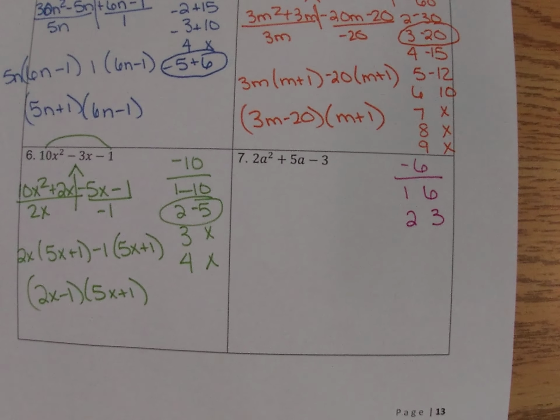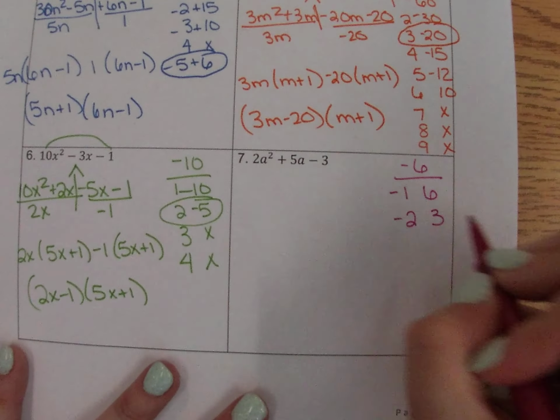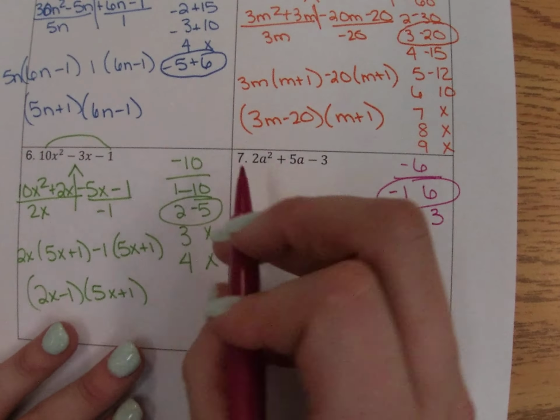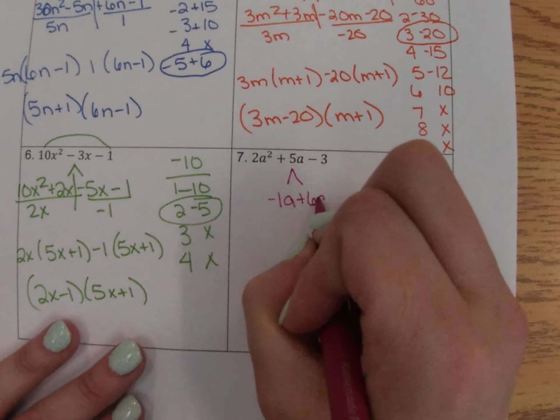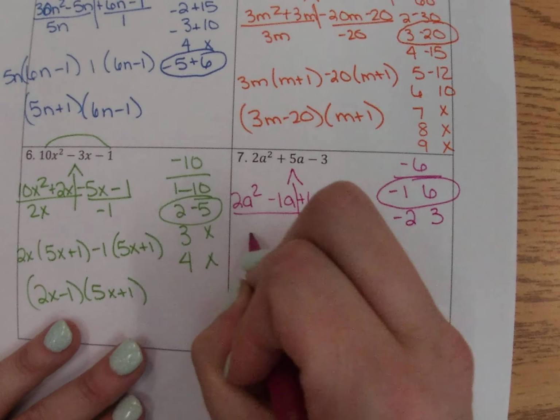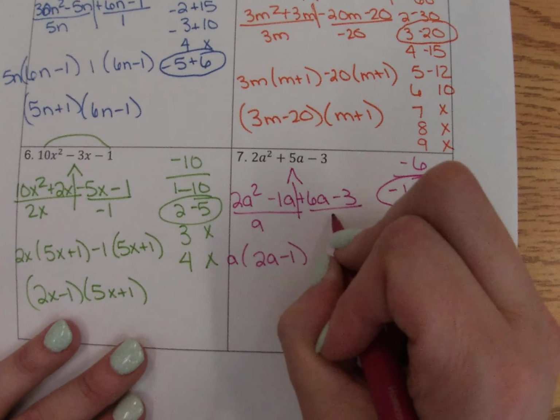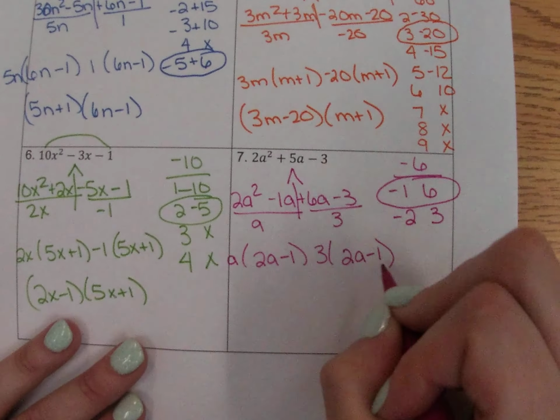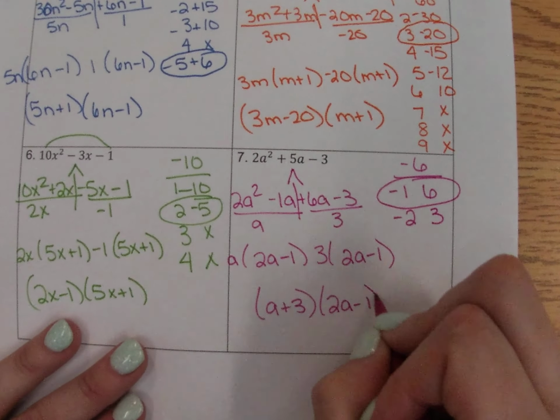Again, super tempting for my students to pick 2 and 3, but again, if we're really watching our signs, we just want one negative, so we want -1 and +6, which gives us a +5. Get an a plus 3 and a 2a minus 1.